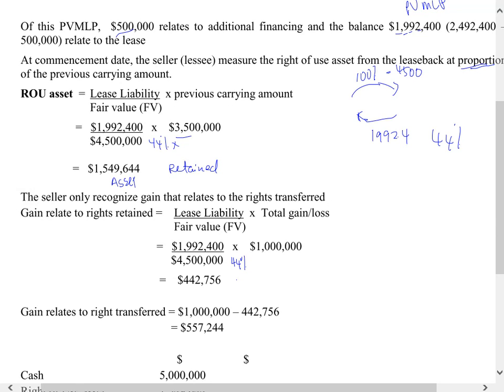This 44% is retained, so don't recognize. The 44% asset is retained, so the gain of 44% we don't recognize. So we only recognize the balance. This is my total profit, 100%, minus the 44% gain that I should not recognize there. So the one that I recognize will be the balance, 56%.